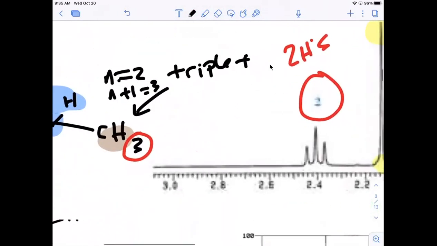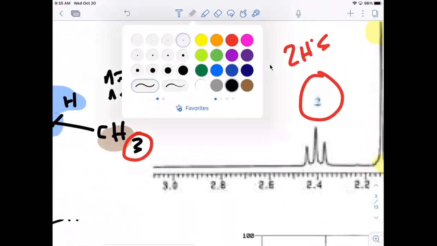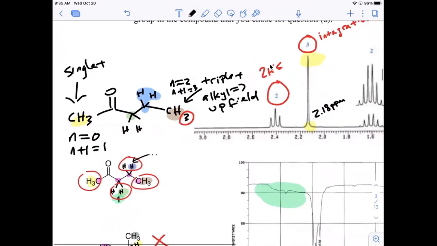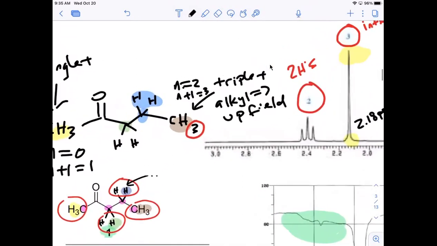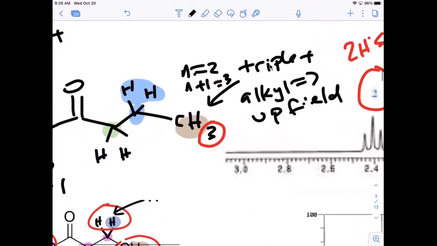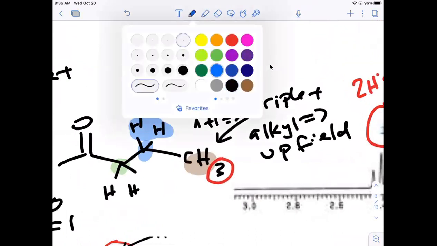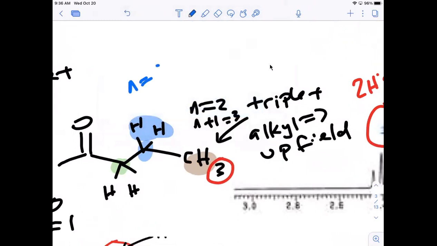Let me put over here that this is alkyl, so it's going to be upfield. So for the blue, how many neighbors does that have? 5. Good. So N equals 5, and then N plus 1 equals 6. So that's going to be a sextet.